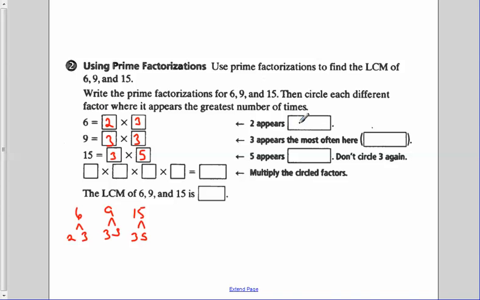We see a 2 appear once in 6. 3 appears twice, and that's the most often, in 9. And then in 15, we see a 5, and a 5 appears once. We don't need to circle that 3 because these 3's pair up.